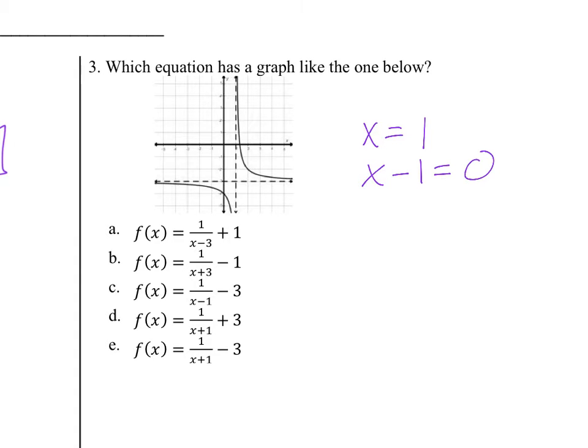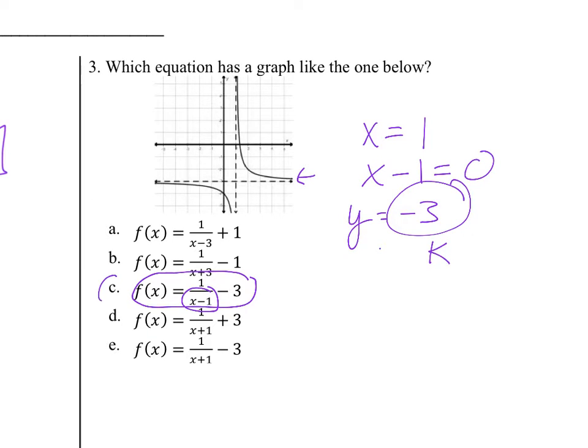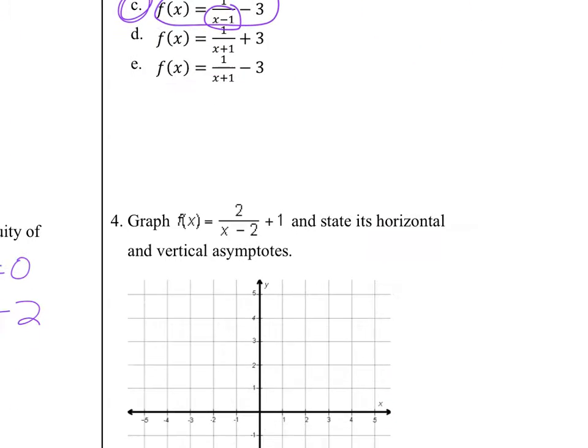Well, again, I only have 1. But let's look at our other asymptote. I also have a y equals negative 3. Well, that then has to be my k. So I have to have a minus 3 at the end. And sure enough, C fulfills both of those conditions. So C would be my answer.